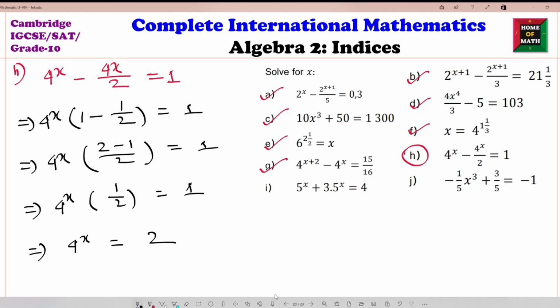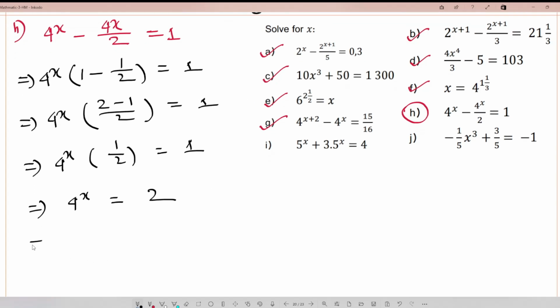Then what can we do? Here 4 to the power x equals 2. Now we can write 4 to the power x as 2 to the power 2x equals 2. Why are we doing this? Because we want to make the same base on both sides.